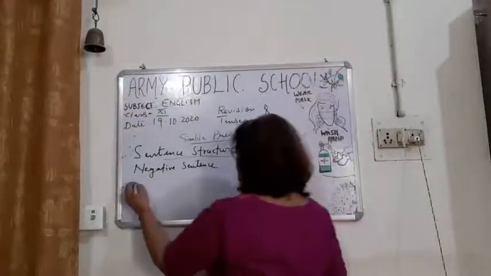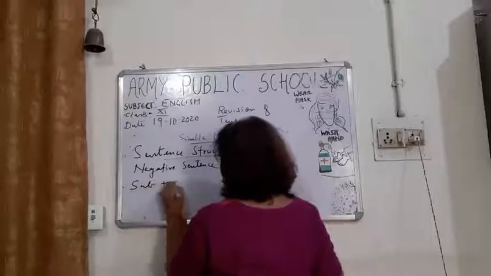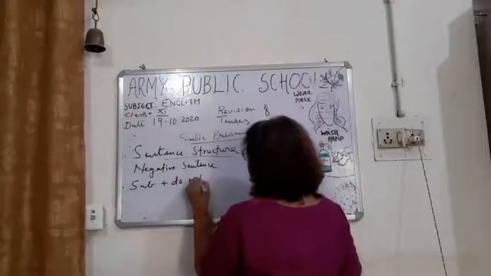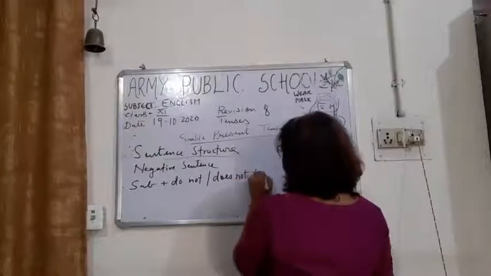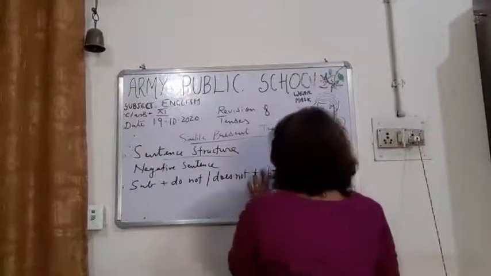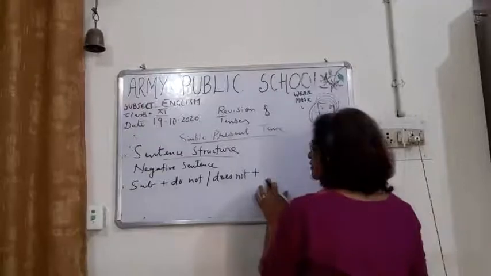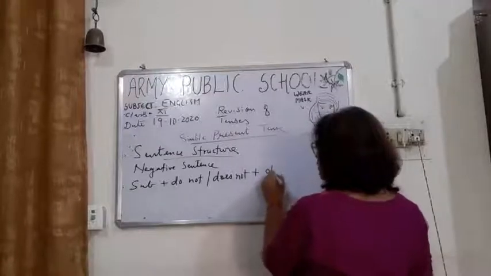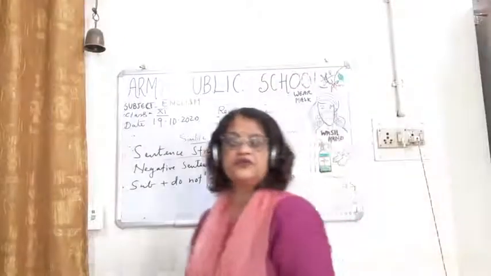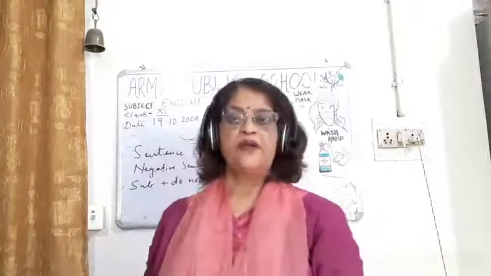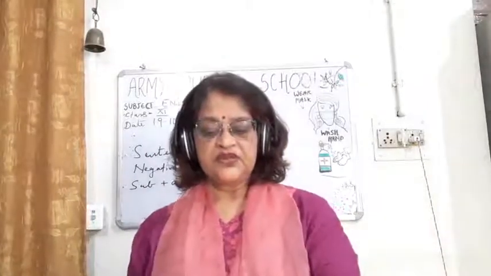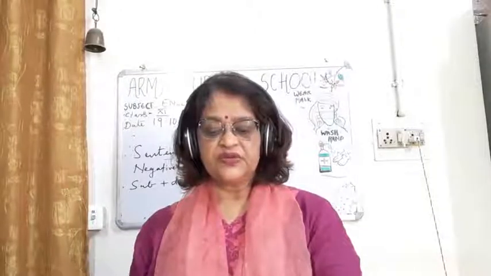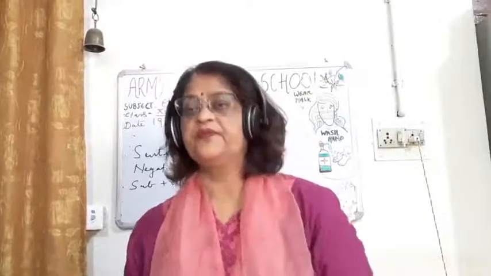So write it: subject plus do not plus does not plus object. This is the formula for negative sentences: subject plus do not plus does not plus the first form of the verb.